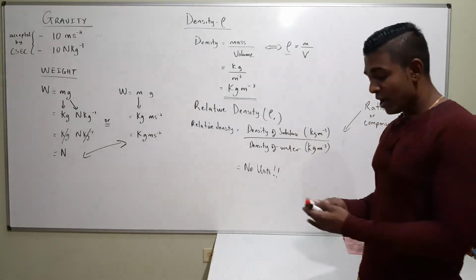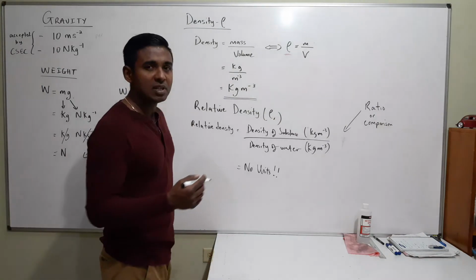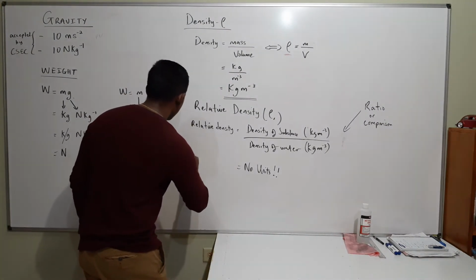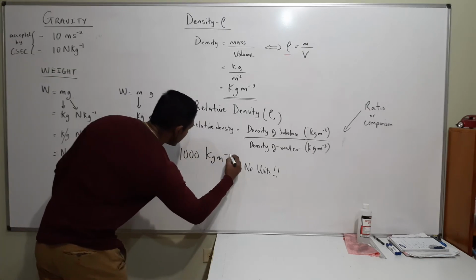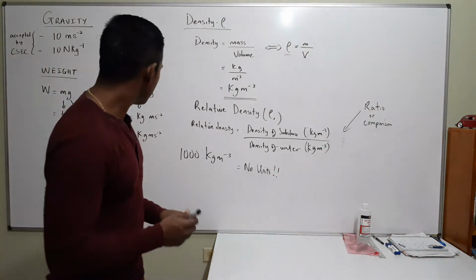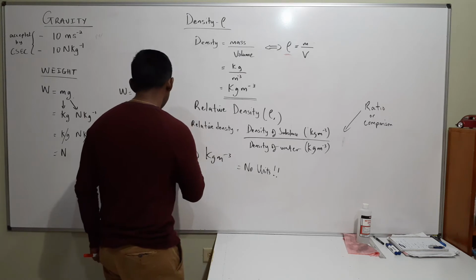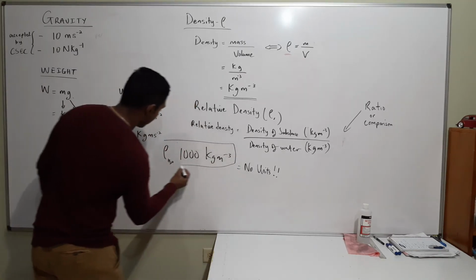The reason we do that is because the density of pure water happens to be a pretty decent value to work with. The density of water is 1,000 kilograms per meter cube, and that's a pretty nice value to work with. So this is the density of water right here.